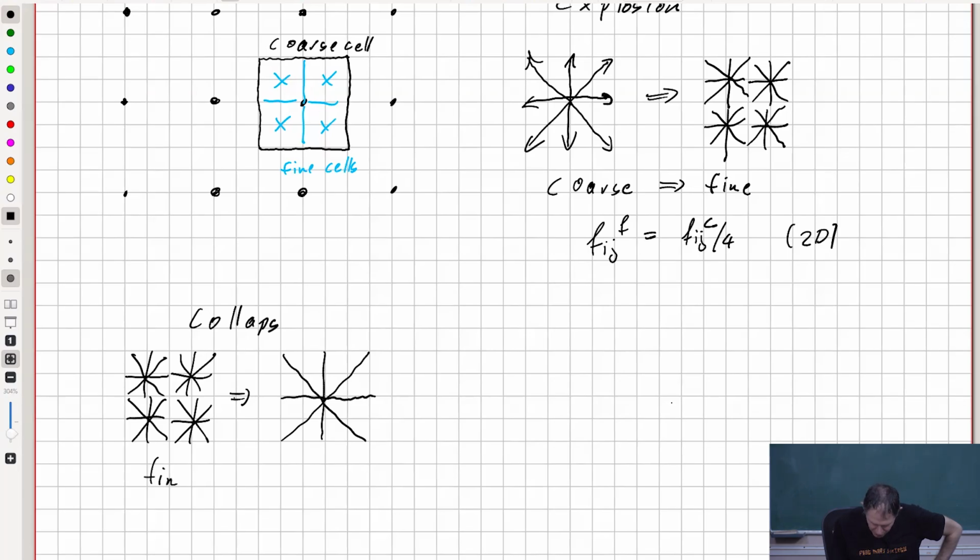So this is now fine going to coarse. So an Fij coarse will then simply be the sum over n equals 1, 2, 3, to 4 of Fij fine. So they will simply sum them up.